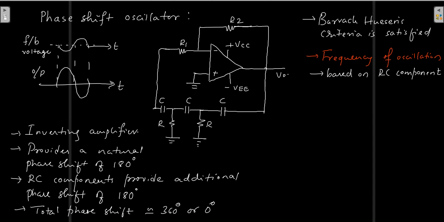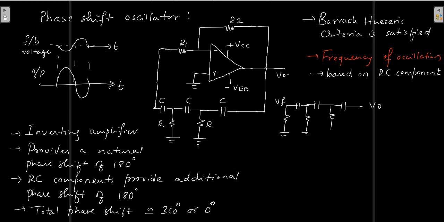Of course, we can prove this if you take only this part of the circuit. You need not take this down. So we have the output here, say V naught, then I have R here, then C, one more R, then one more C, one more R here. Let us take that it is Vf.